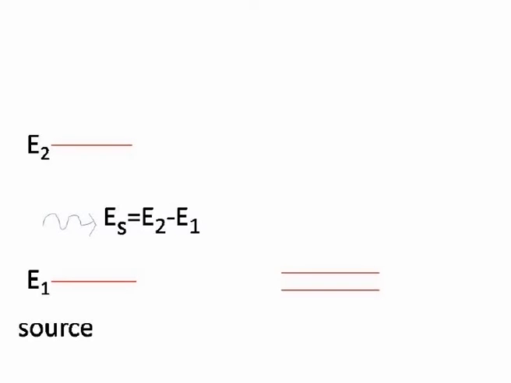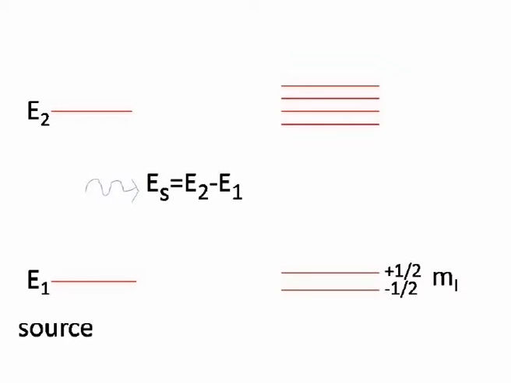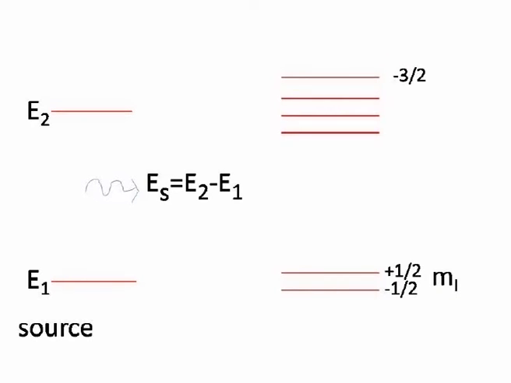This is say minus half and this is plus half. I am talking of M of I. The first excited state is split in 4 parts, and M of I is minus 3 by 2 here, minus half here, plus half here and plus 3 by 2 here.